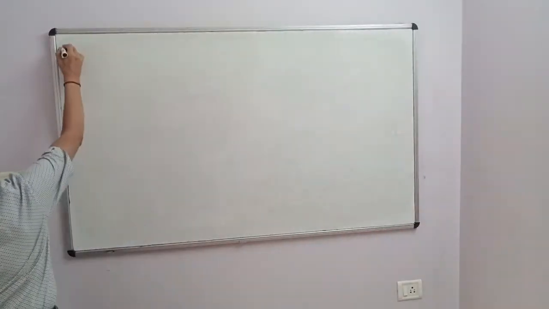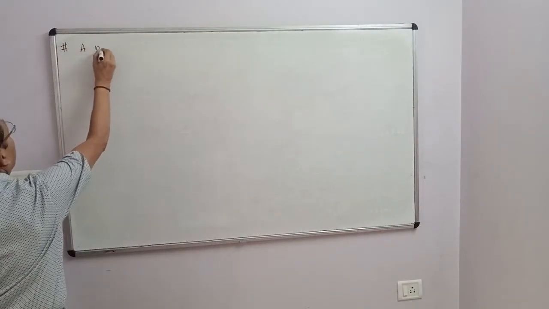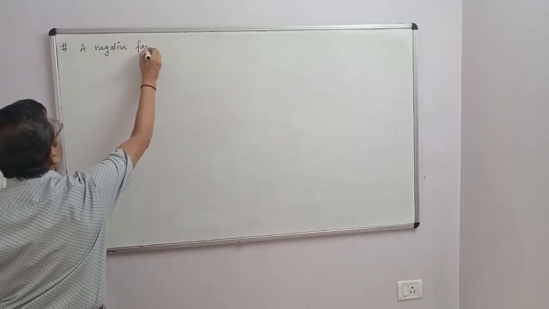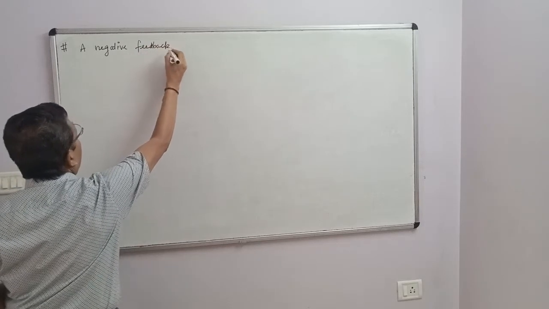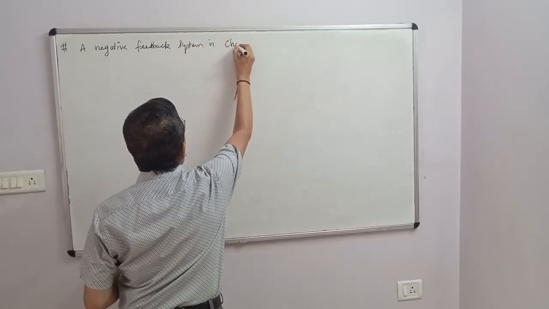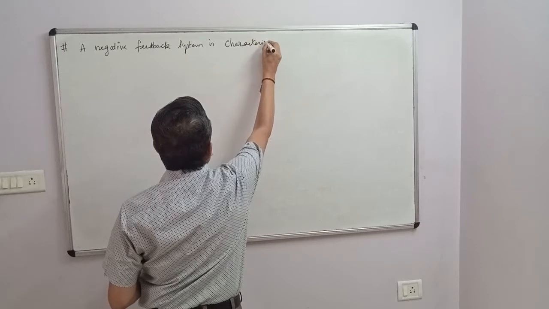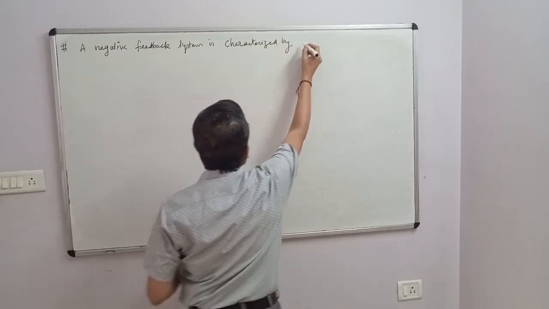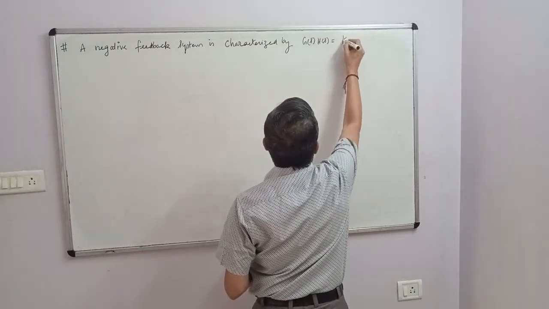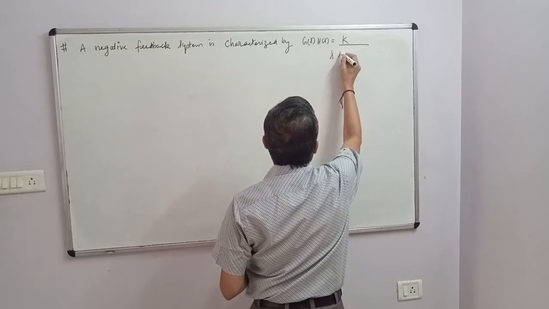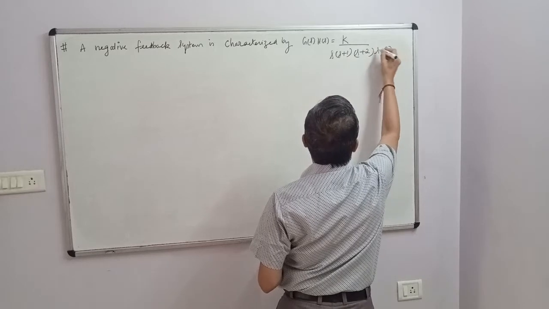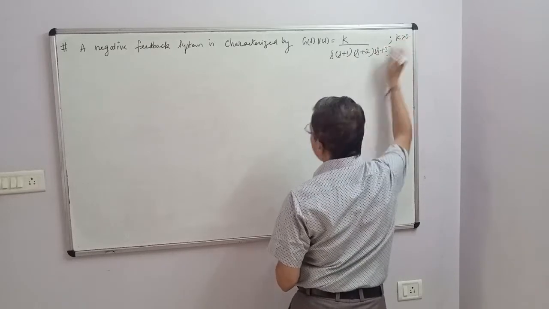The problem statement is a negative feedback system characterized by G(s)H(s) equal to K divided by s into (s plus 1) into (s plus 2) into (s plus 3), K greater than 0.